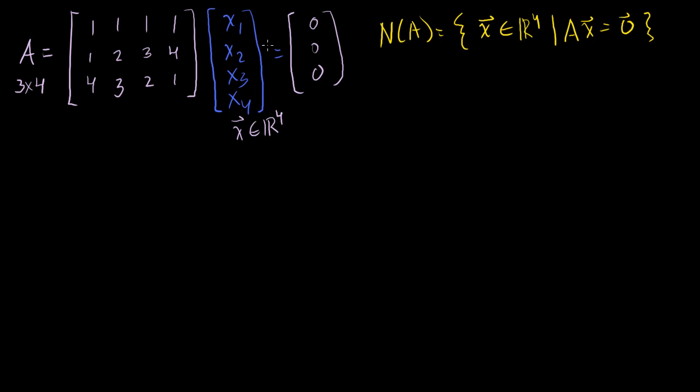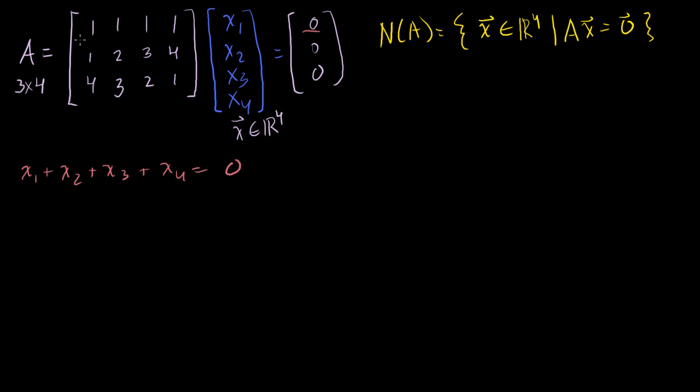Well, this is just a straight up linear equation. We can write it that way. If we were to actually perform the matrix multiplication, we get 1 times x1 plus 1 times x2 plus 1 times x3 plus 1 times x4 is equal to this 0 there.